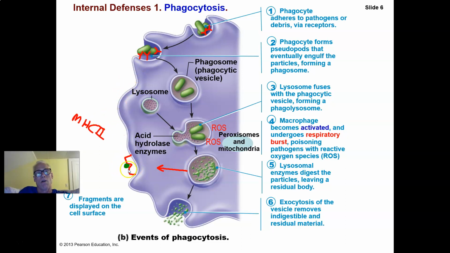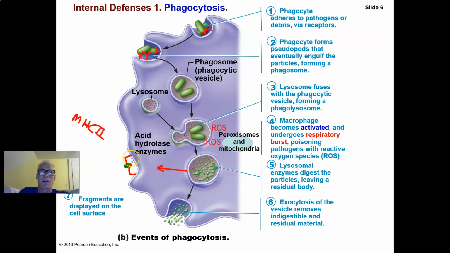This cell, like all of the phagocytes we talked about, has a certain complex of glycoproteins on its surface called major histocompatibility complexes. Don't worry, that will come up on a slide and you can see exactly what I'm talking about. MHCs for short.